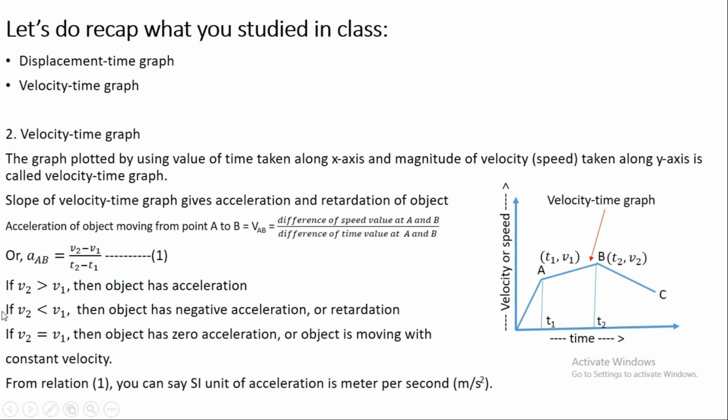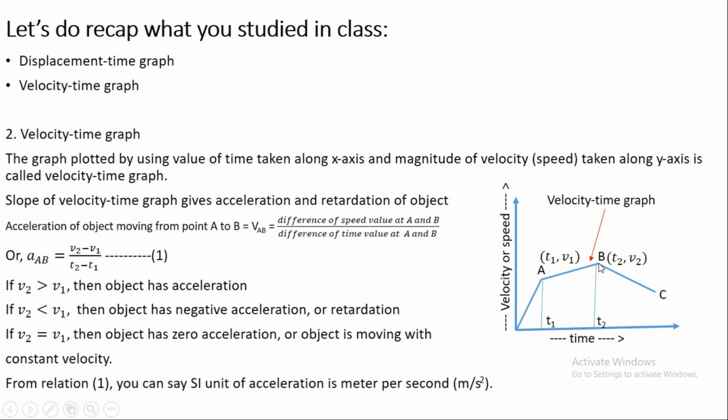If v2 is less than v1, it means the velocity of the object at the second point is less. That means while moving, the velocity of the object is decreasing. In this case from A to B, the velocity of the object is obviously increasing. You can see by the graph.